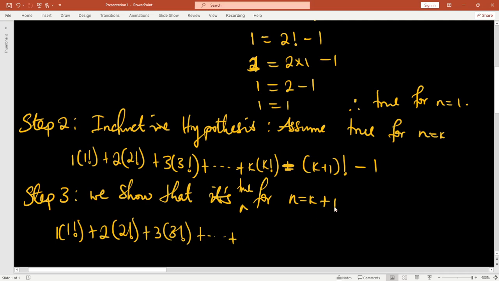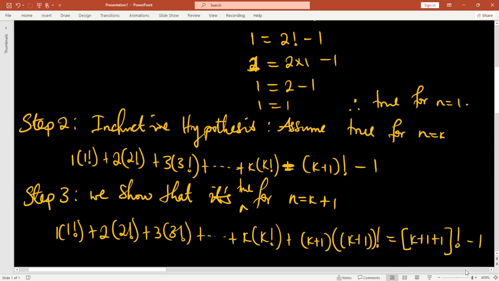Before we get to k plus 1, there's n equals to k here, so we include that term, which is the k term, plus now, where there's n, we substitute with k plus 1, so we're going to have k plus 1, open brackets, k plus 1 factorial like this here, equal to. Then on the right hand side as well, where there's n, we replace with k plus 1. So we're going to have k plus 1 factorial minus 1 here.